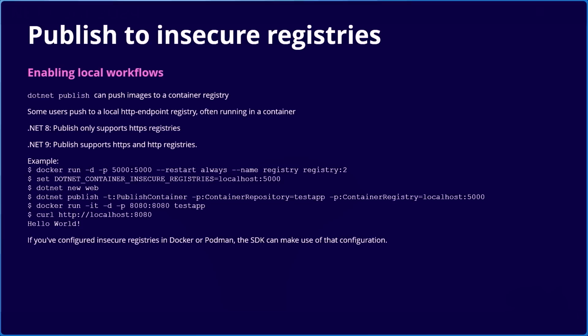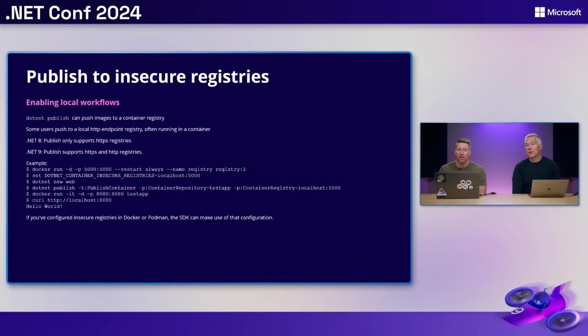That whole process took me like 2 minutes to figure out. So that was awesome. For the people that care about insecure registries, like basically this local scenario, it doesn't actually have to be on the same machine. It could be on another machine on your network. That's awesome.